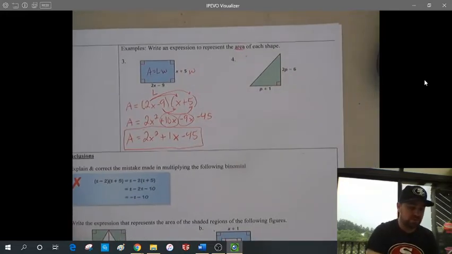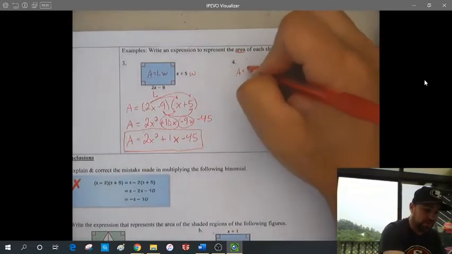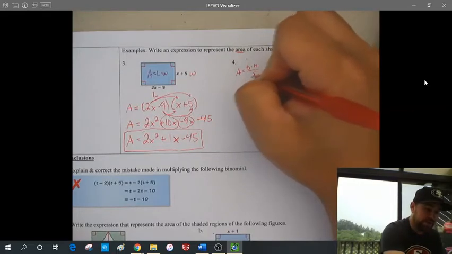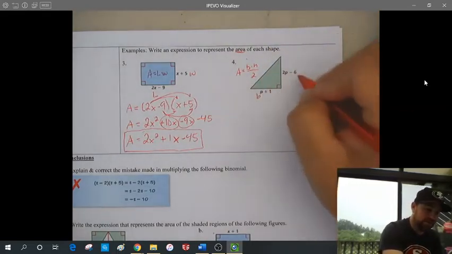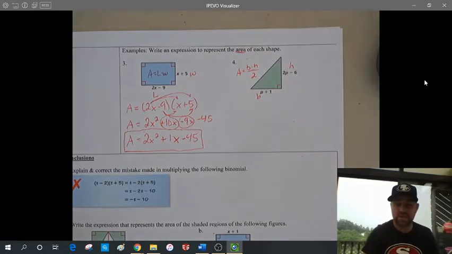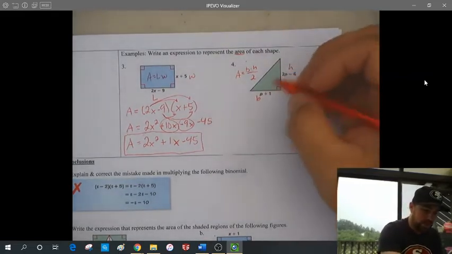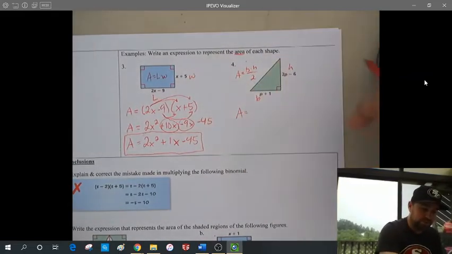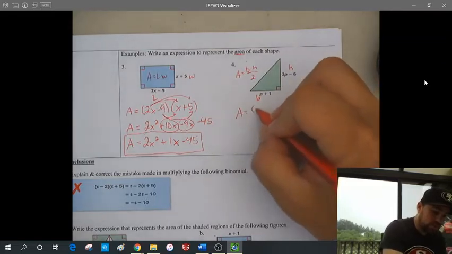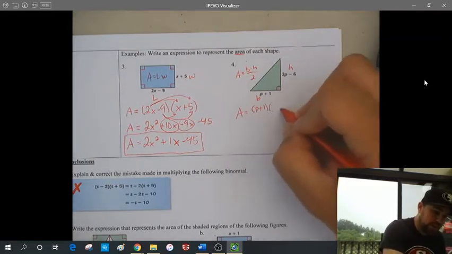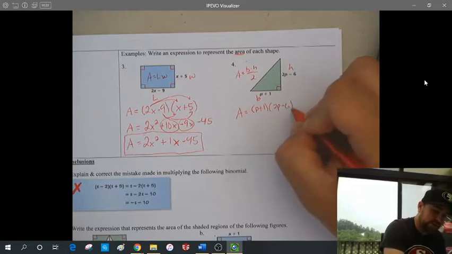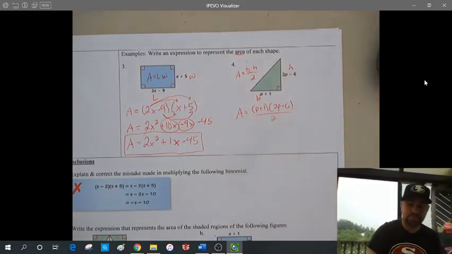For a triangle, remember for these we have to do base times height divided by 2 for area. So if I call this the base and this the height of this triangle, then the area would be equal to p plus 1 times 2p minus 6, all divided by 2.